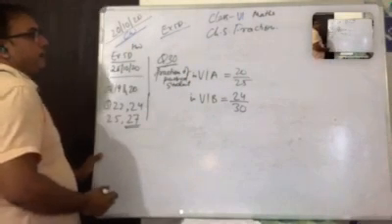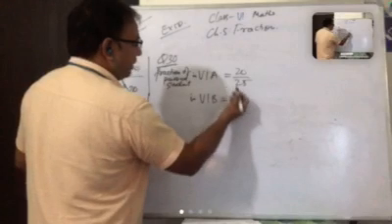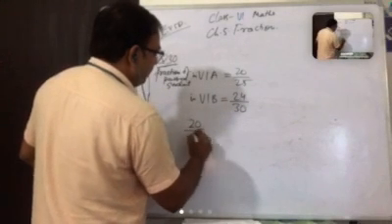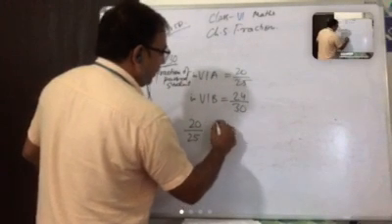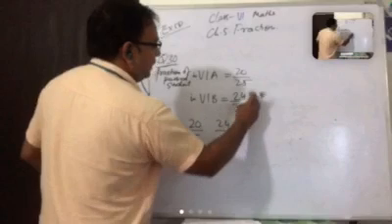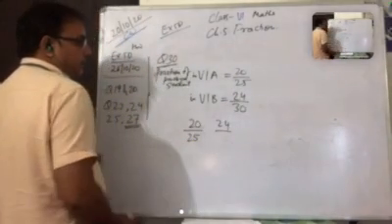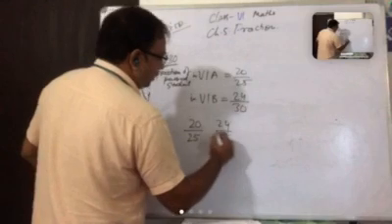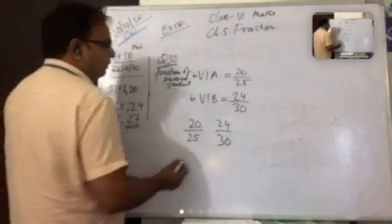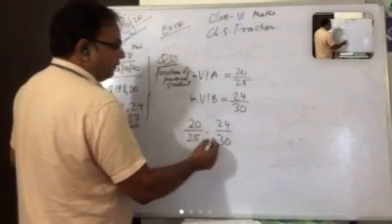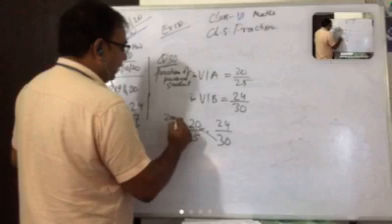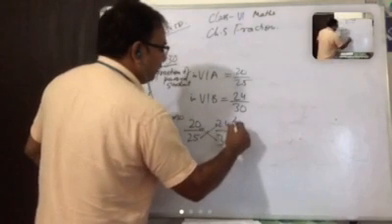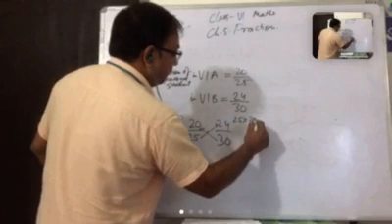Both the fractions are unlike, so you can make like fractions, or you can cross multiply it also. So we can write the fraction over here and just cross multiply: 20 times 30, and 25 times 24.